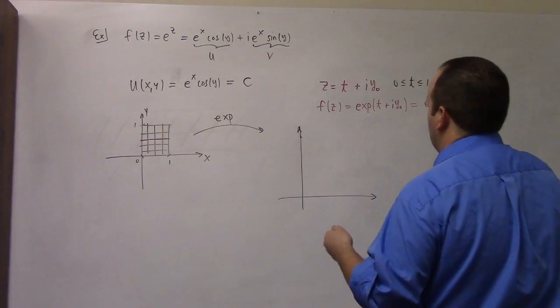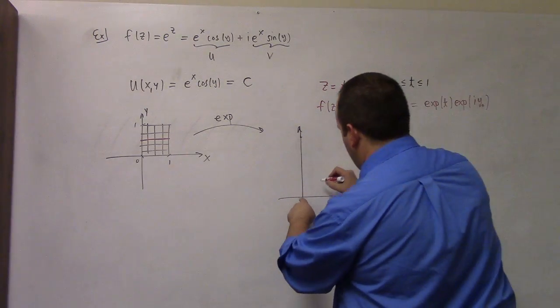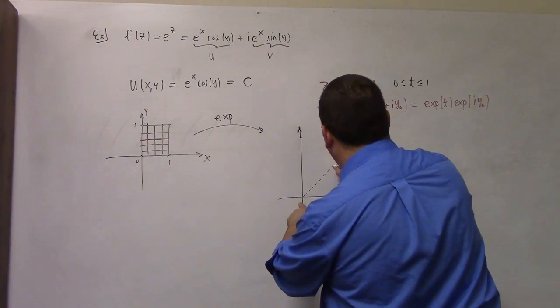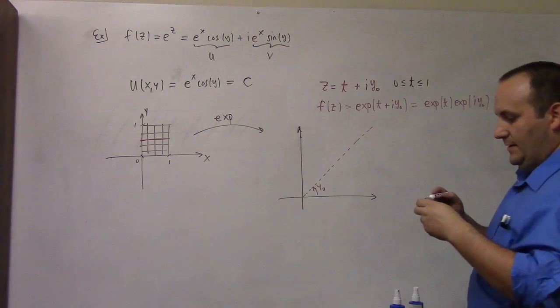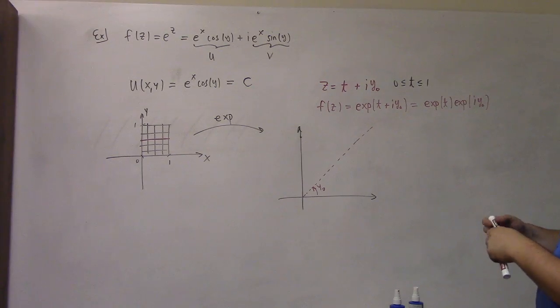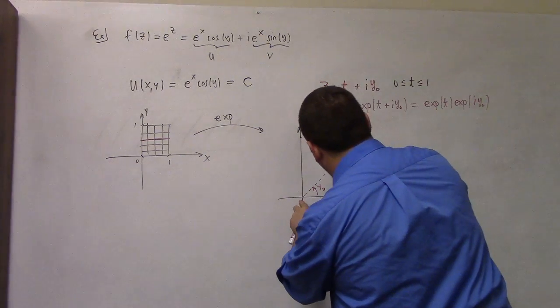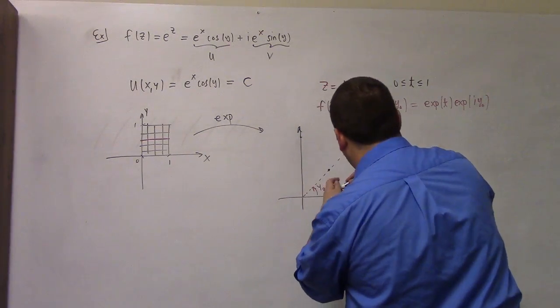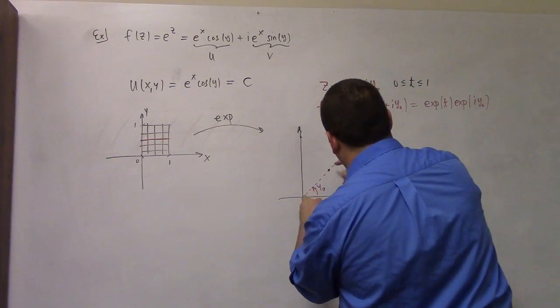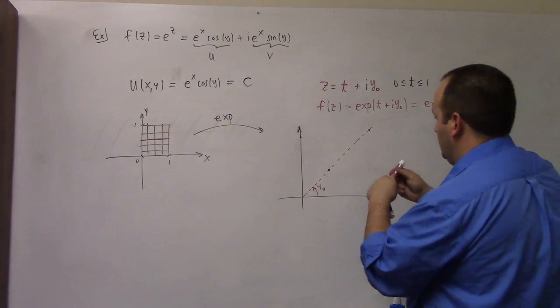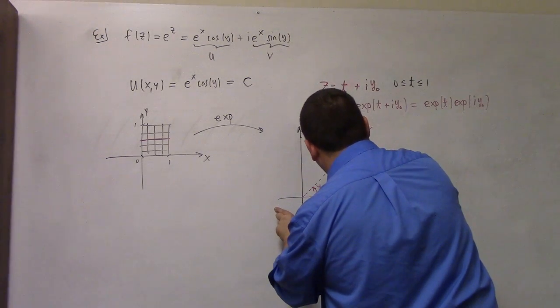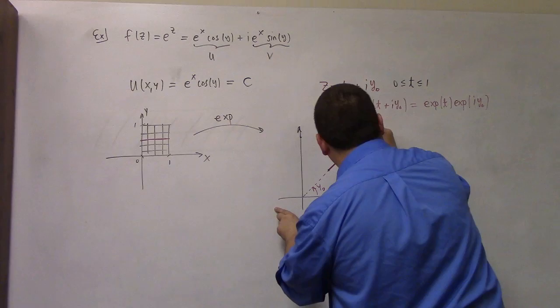So there's some angle y naught, right? And it goes from 1 out to e, something like that. So this horizontal line gets mapped to this ray.